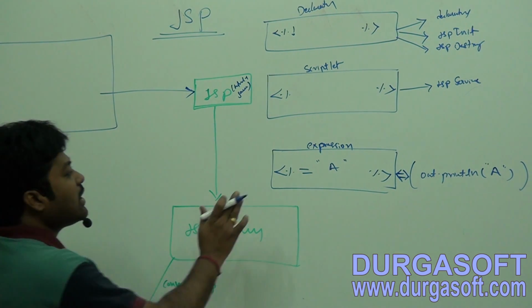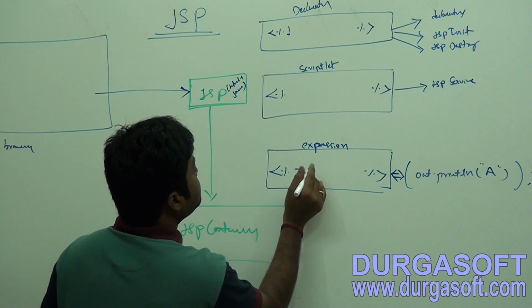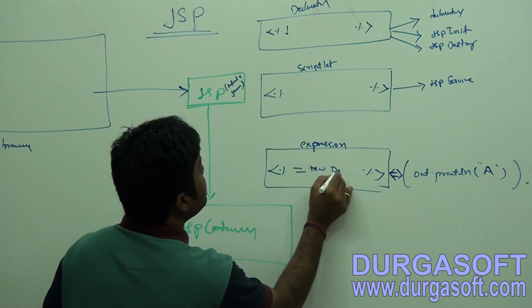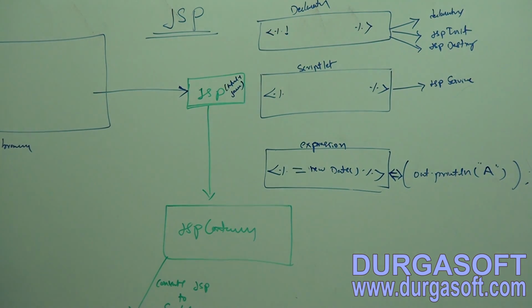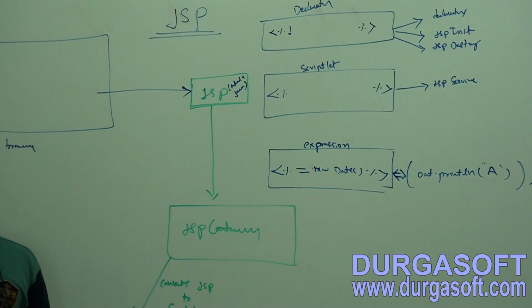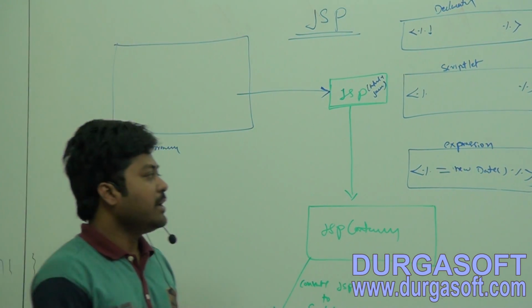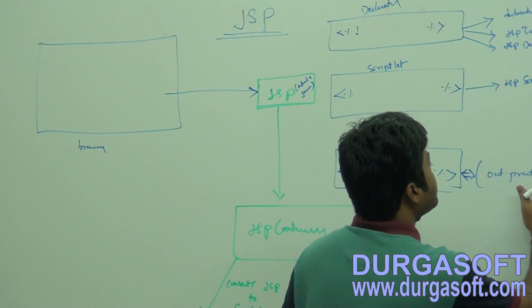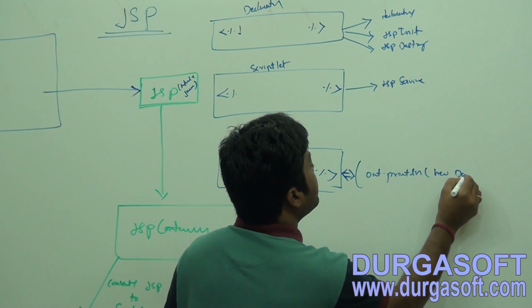If I write something here like new Date, what will it print? Your current date. It will display the current date of the machine. In out.println, it will place the dynamic Java code new Date.